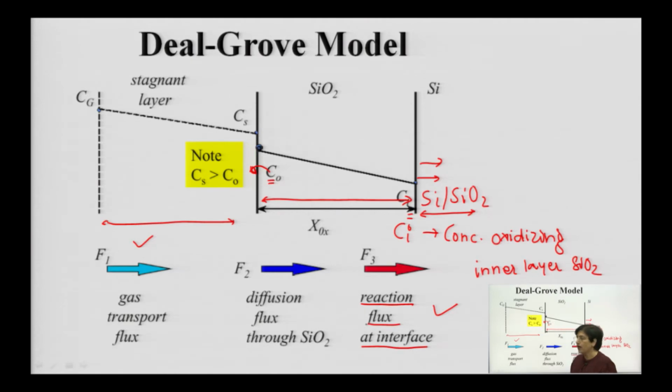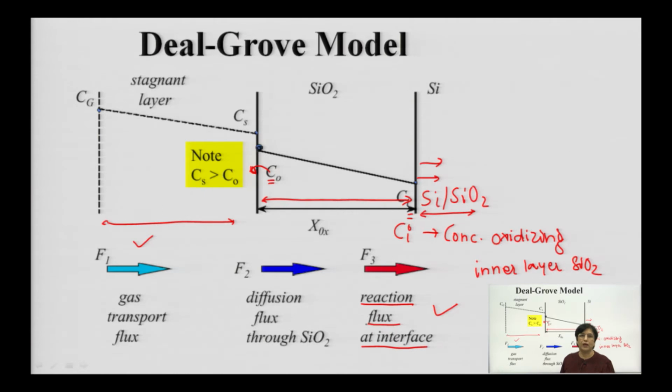So, flux F1 is defined by the transport of the oxidizing species from the gas to the surface of the oxide layer. The second flux defines the transport mechanism within the silicon dioxide, that is, transportation from the outer surface of the silicon dioxide to the inner surface of the silicon dioxide.